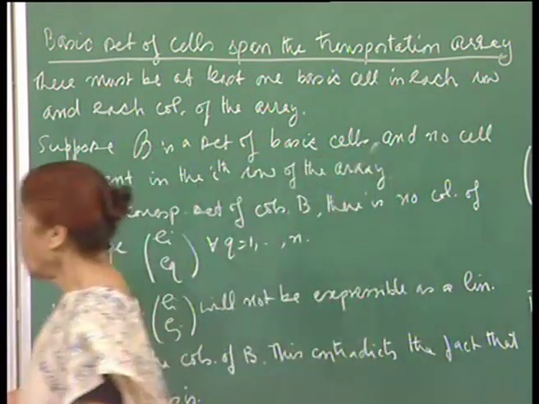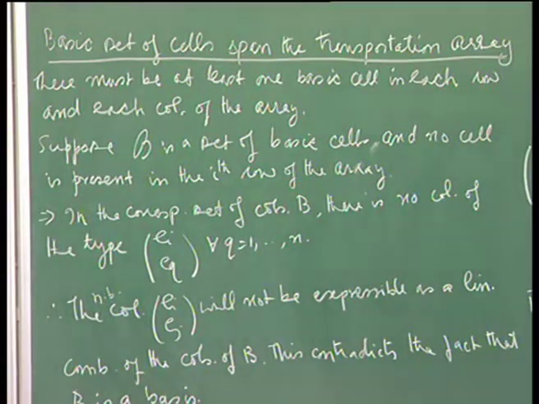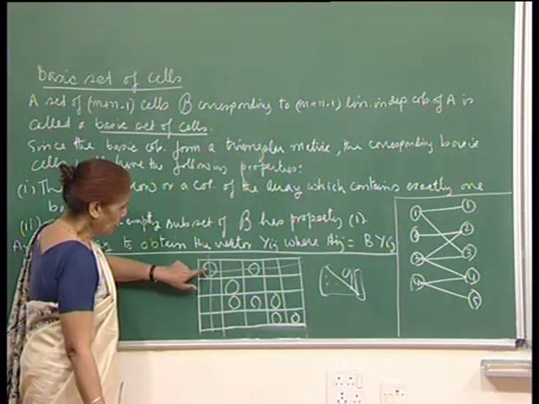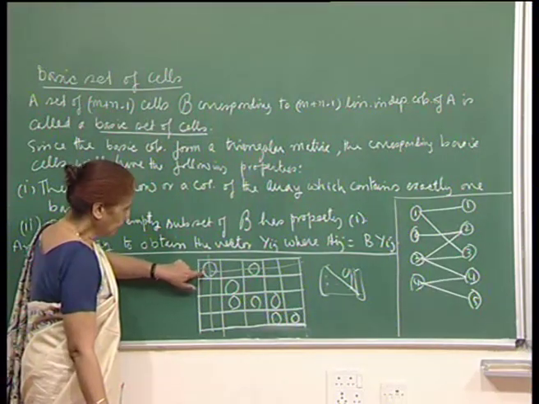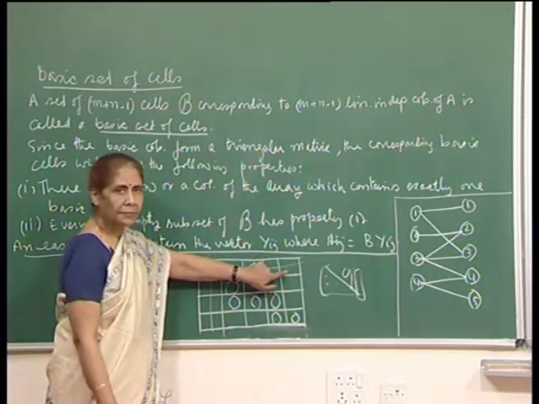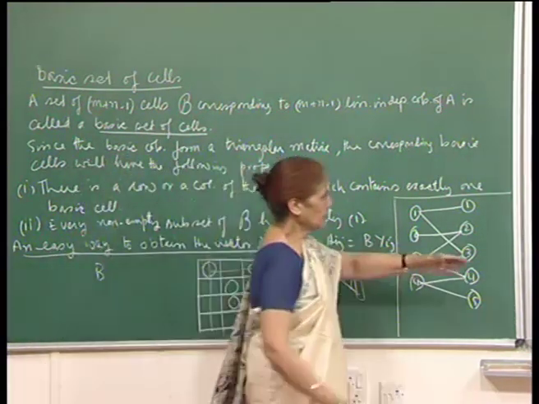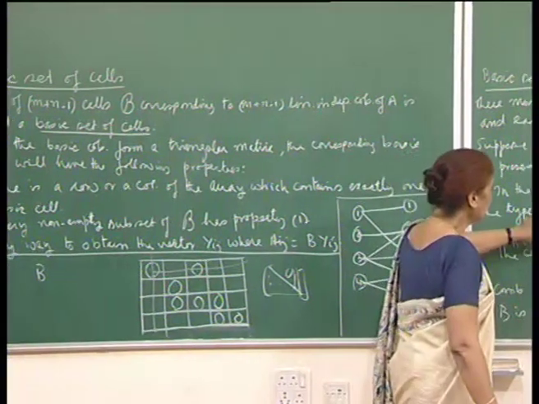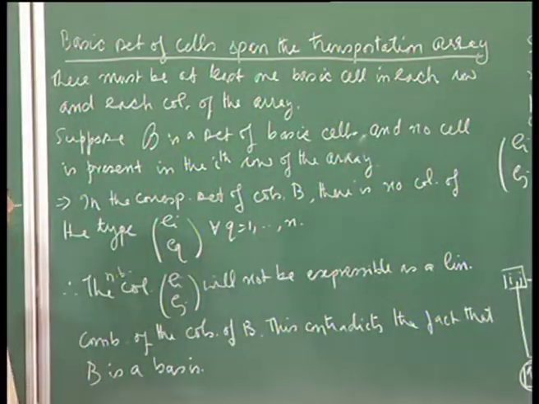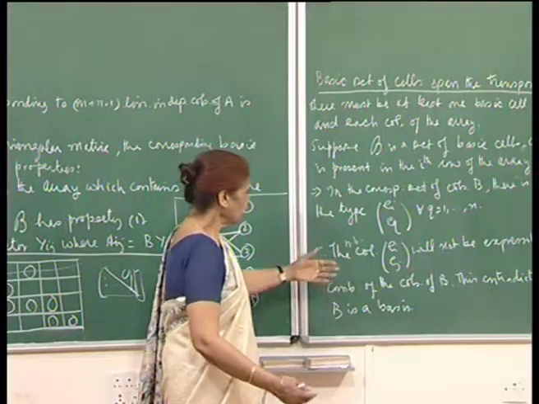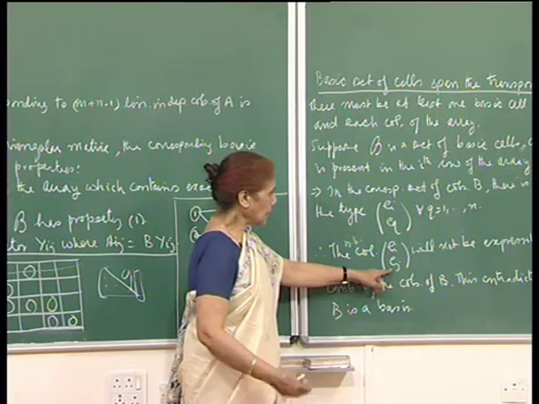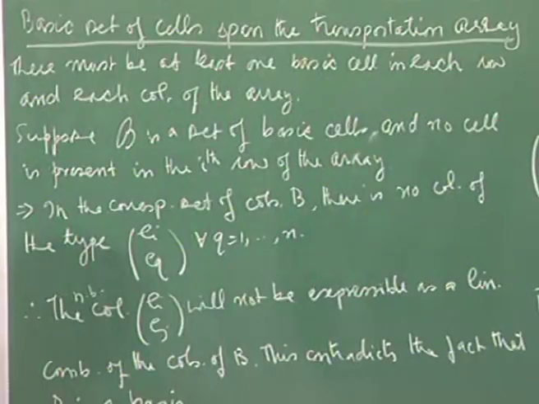Because if there is no cell present, say for example, in the first row here, that means I do not have columns of the kind E1 E1, E1 E2, E1 E3, E1 E4, E1 E5. Similarly, when the number of columns is n, I do not have columns of the kind Ei Eq for q varying from 1 to n. What does that mean? That means if I take a non-basic column Ei Ej, then I cannot express it in terms of the basis columns.